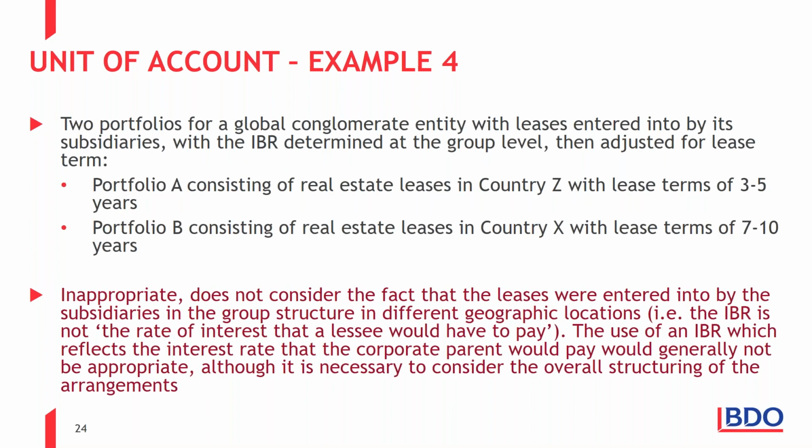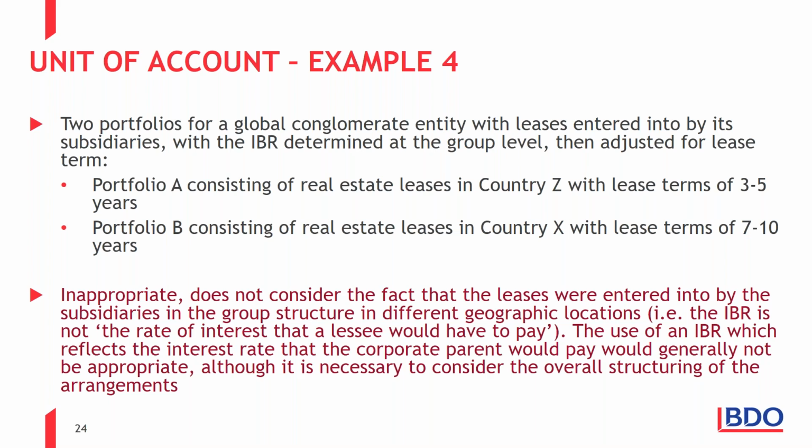And then if you go to example 4, I think basically this one just encapsulates everything I've already said, where an entity or a group, a global conglomerate, is constructing portfolios at a group level where they are determining the IBR at the group level, let's say, because they are determining their entity-specific factors as a group, and then constructing their portfolios in the different countries.